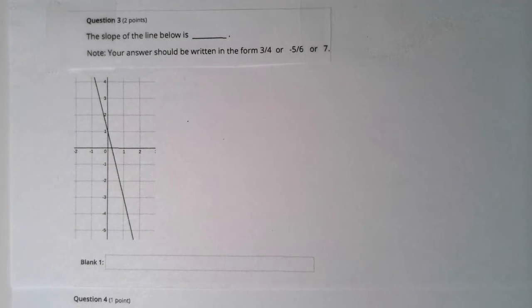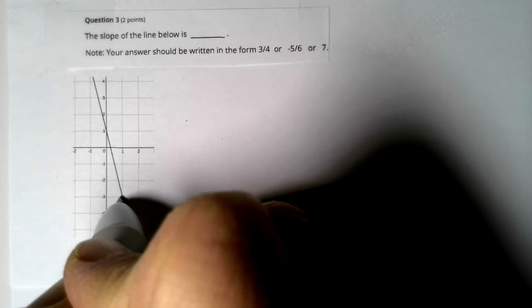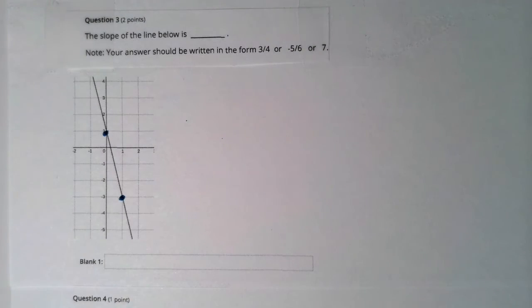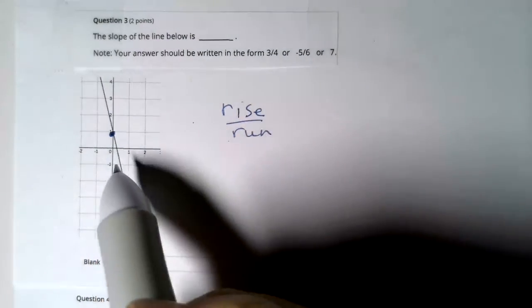So again, I'm going to mark clearly where I'm hitting on grid marks on my graph. And so I can see I'm hitting here nicely and here nicely. So those look like good places to count rise over run. You can count your rise over run, and that's your slope, from either point.